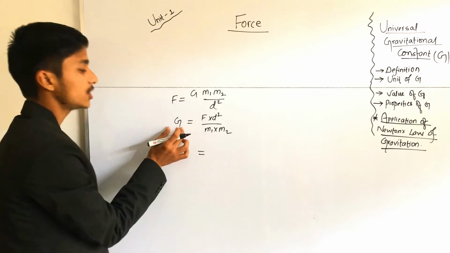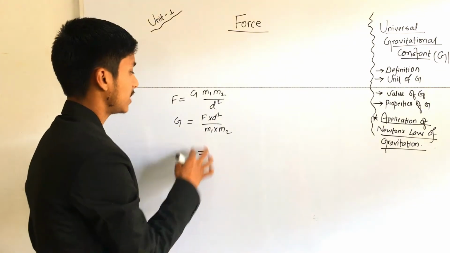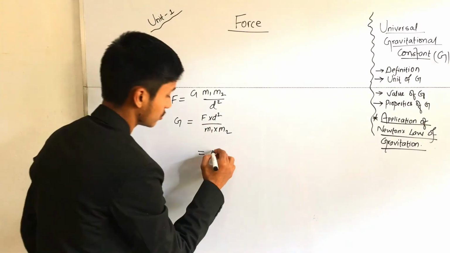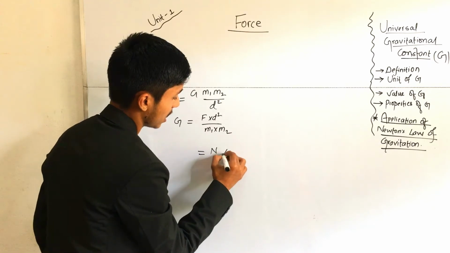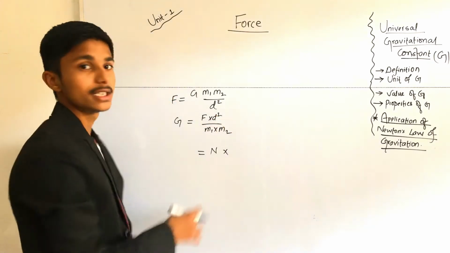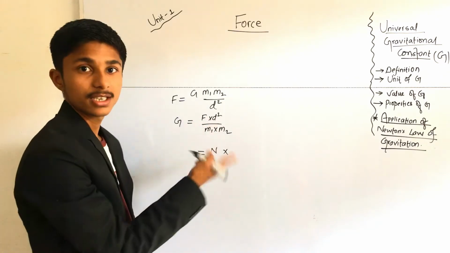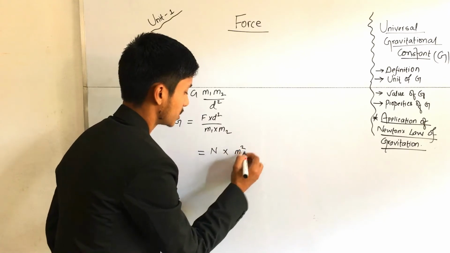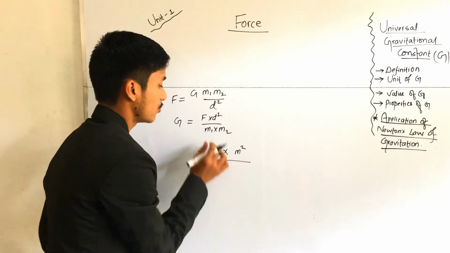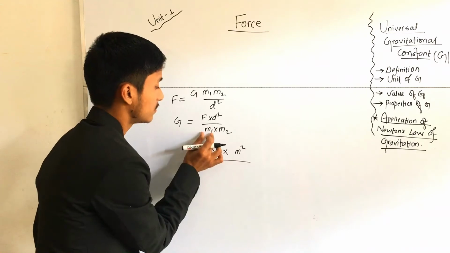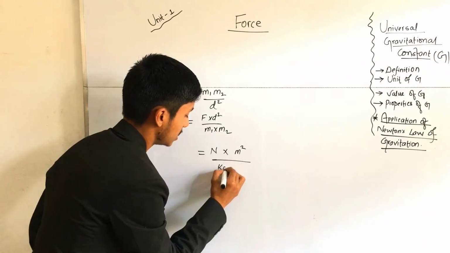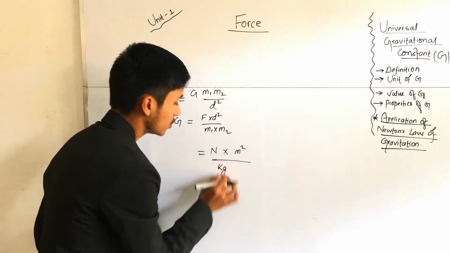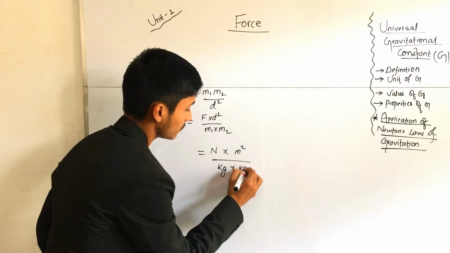Now to find the unit of capital G, we write the unit of force first. The unit of force is Newton. The unit of d is meter, since it is distance, and it is squared. Below we put the unit of masses, which in the SI system is kg into kg.